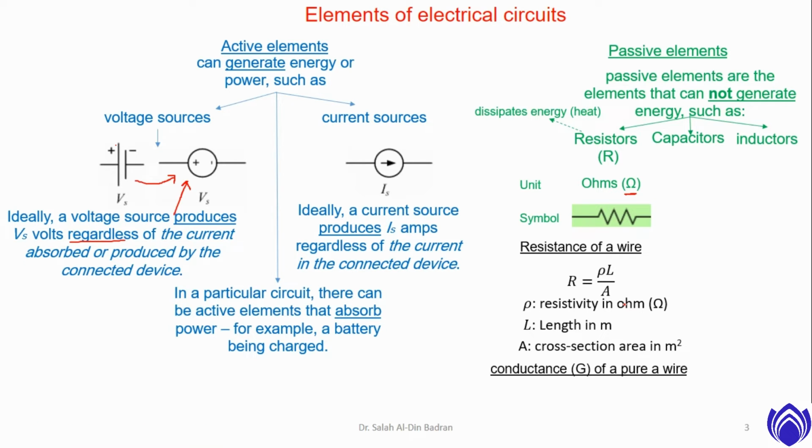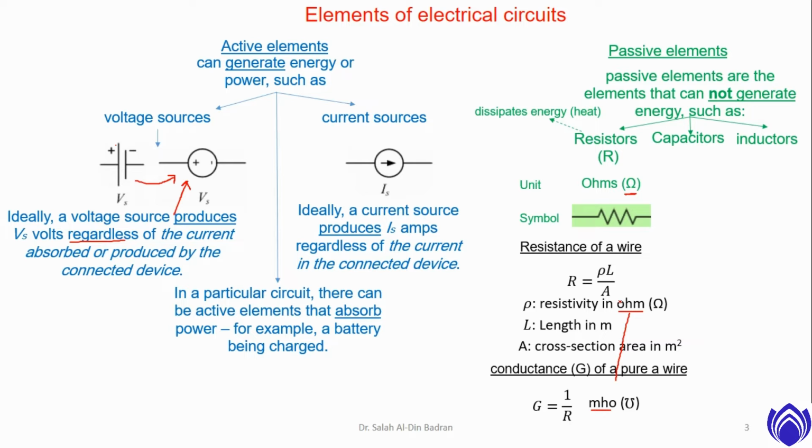Conductance, G, of a wire is the inverse of the resistance, 1 over R. We measure it in mho. As you see, mho is ohm spelled in reverse.